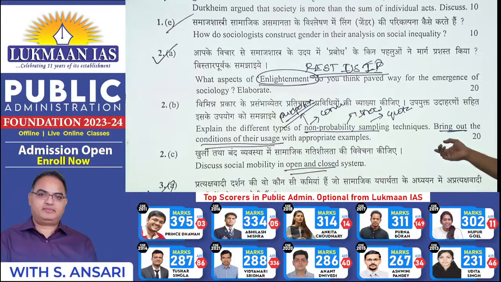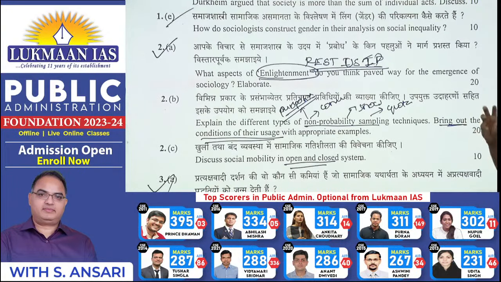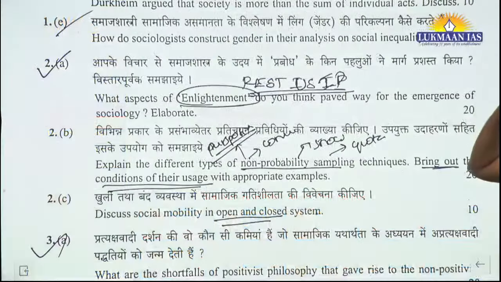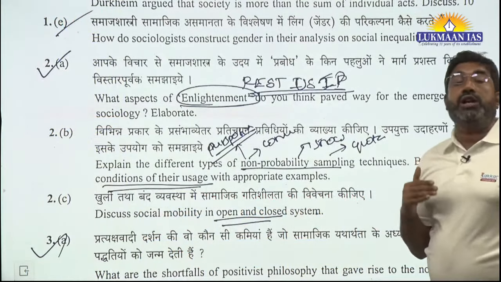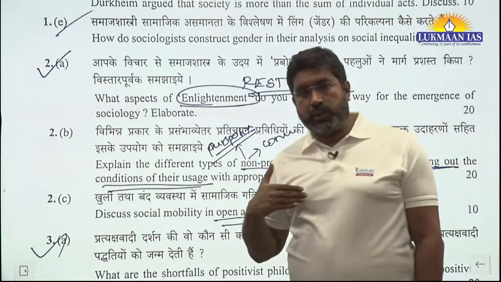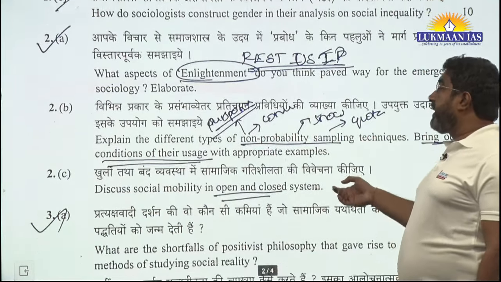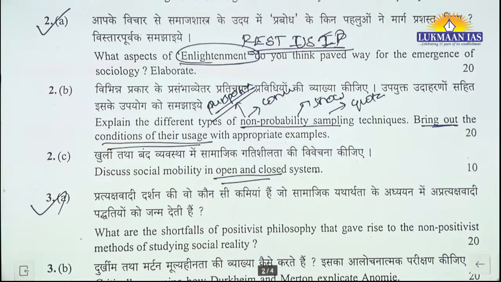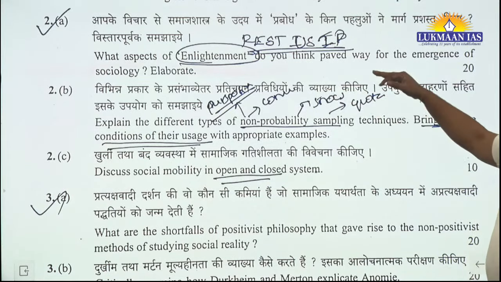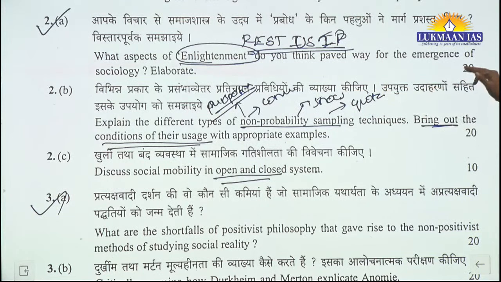Now, this question was supposed to come, and every year there will be such a question. As such there is no transformation, but in what way you can answer this question depends. For example: what aspect of enlightenment do you think paved the way for the emergence of sociology?